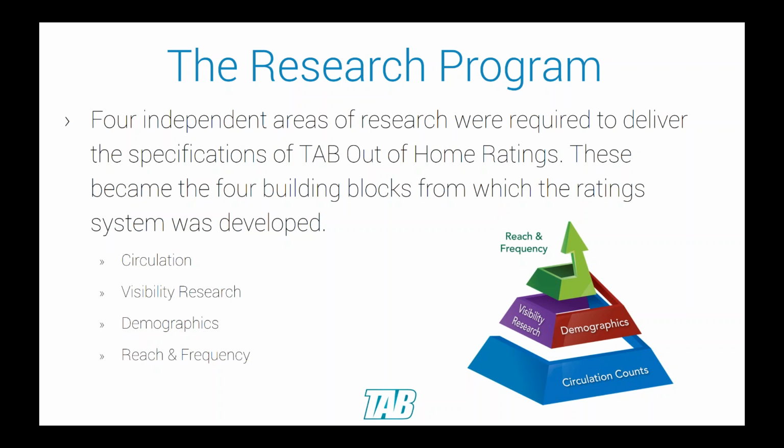The other key parts are demographics and reach and frequency, which add information that we've never had before TAB out-of-home ratings, at least in any real, substantial, quantitative way. There was a very simple model that we used for reach and frequency, where basically you would have all of your reach on the first day, and after that just your frequency would grow.